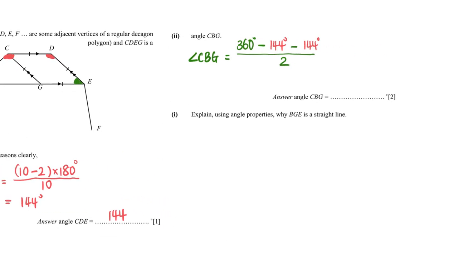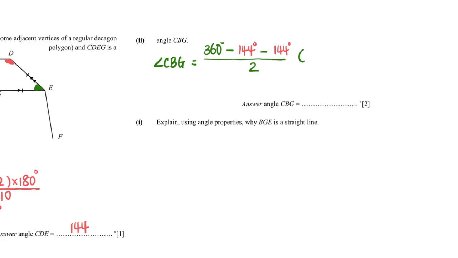Yeah, so this one is the angle sum in a quadrilateral. This will give me a value of 36 degrees.